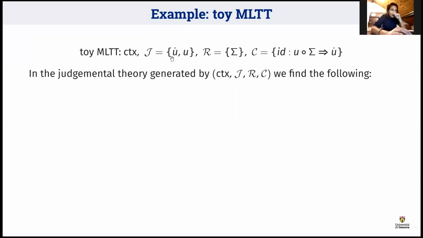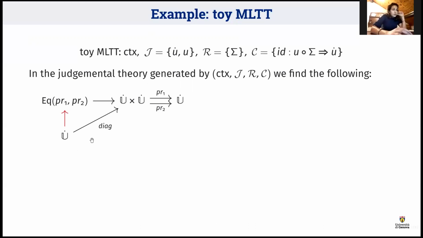actually, what can we do with this? So I can take the toy Martin-Löf theory that we started with, and in the judgmental theory generated by this quadruple, we found the following, for example. So we can consider the diagonal, and then we can take the equalizer of the two projections, and then there is a unique arrow from U dot into the equalizer.